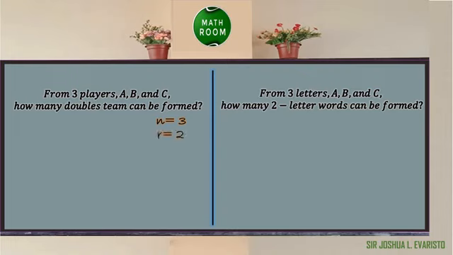On the second question, we have a total of 3 letters, so n is equal to 3, and we will form 2-letter words, so r is equal to 2. Both questions have the same values of n and r, but we will solve question number 1 using combinations and question number 2 using permutations.